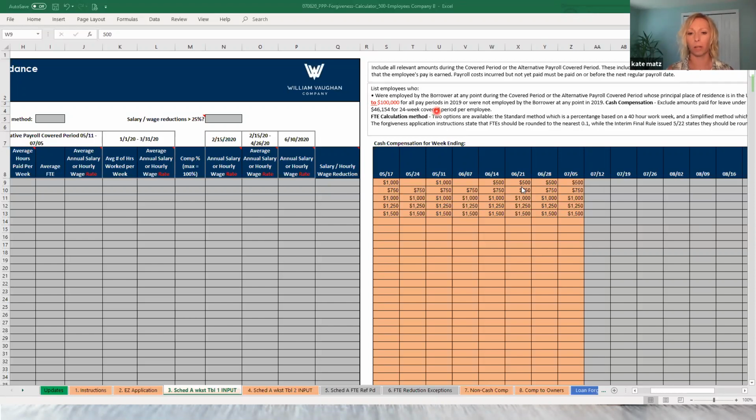If you have somebody that works 60 hours per week, that's still 1 FTE, so you're capped at 1, you don't get any extra credit. If you have somebody that works 30 hours per week, they're going to be 0.75 FTE, using the standard method. There is another simplified method where anything below 40 is 0.5, so you've got some options there. But basically, when you're looking at FTEs, it's going to be how many hours were worked during the week divided by 40.